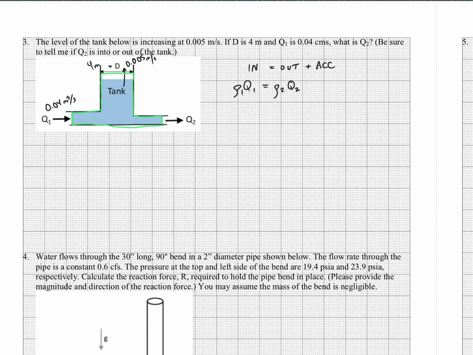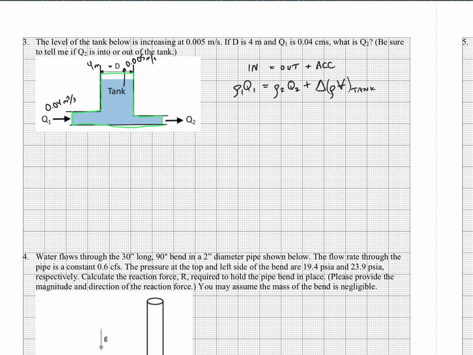And then the accumulation is the change in the mass of the tank. So rho times the volume, and that's in the tank.